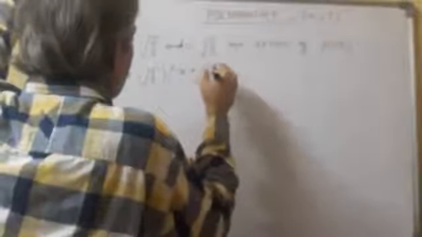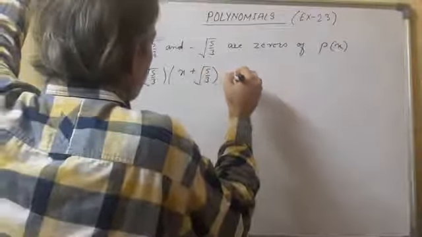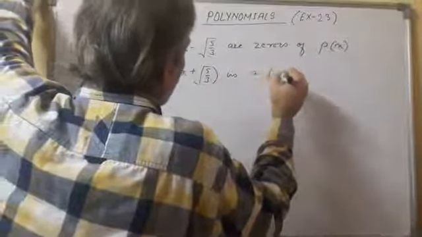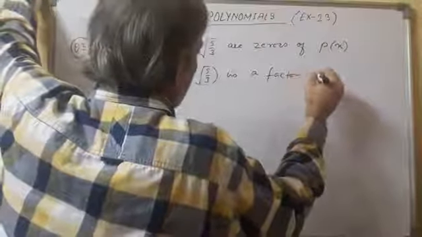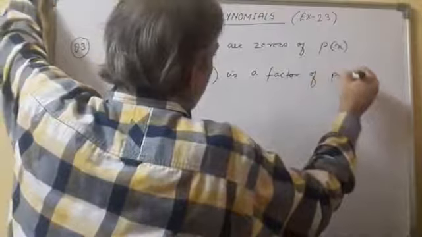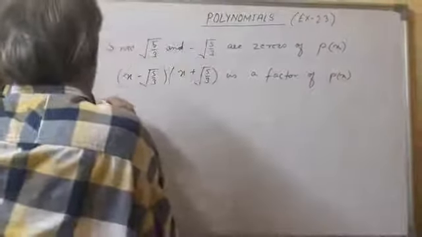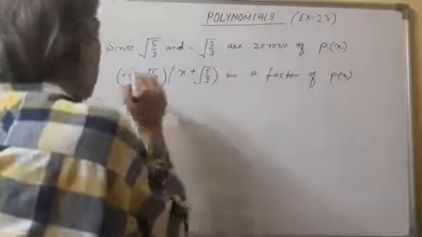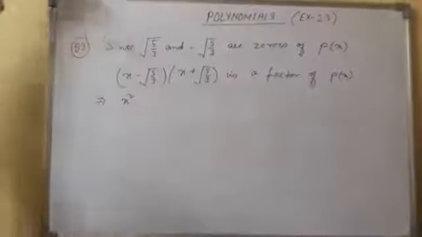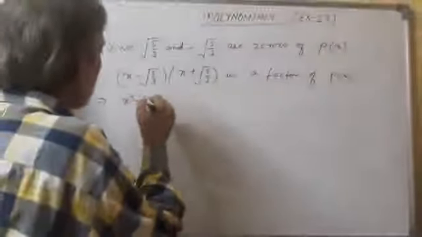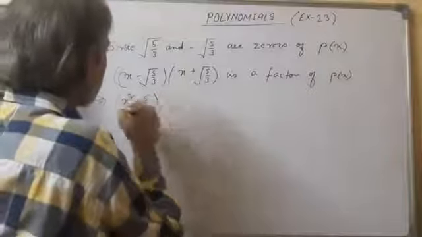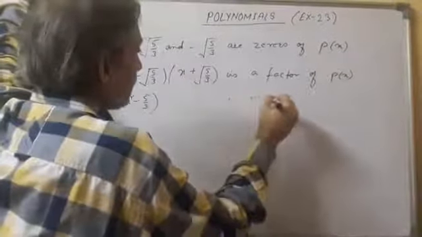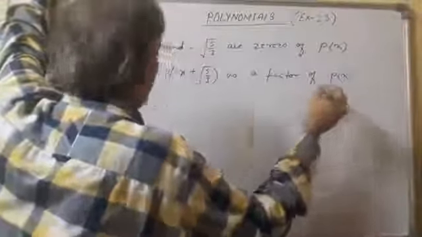Therefore by the factor theorem, this into this is a factor of px. This implies a minus b into a plus b is a square minus b square. So x square minus 5 by 3 is a factor of px.